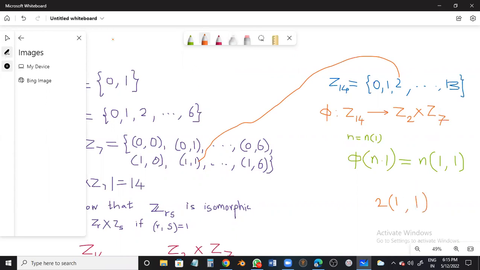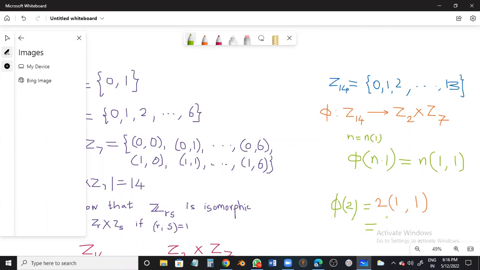I'm extremely sorry. First, let us decide what is the image. So I'm writing phi of 2. And what will be the output? Output will be twice 1 comma 1. But never forget that the first entry is from Z2 and the second entry is from Z7.